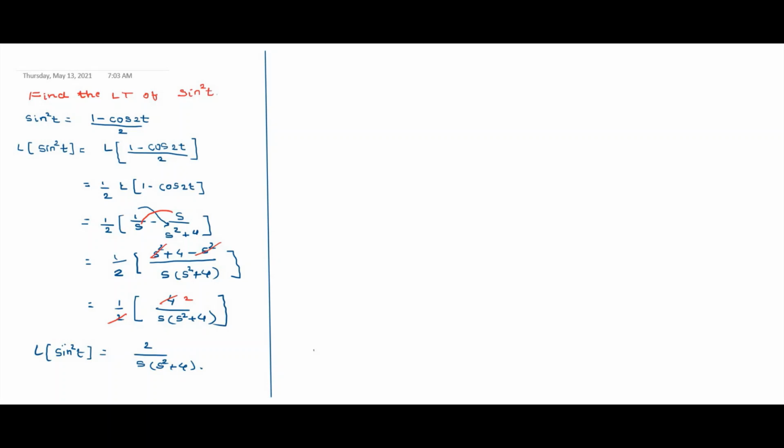Next example: find the Laplace transform of sine square 2t. Again using the previous formula, I will write it in terms of x.